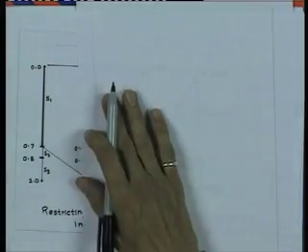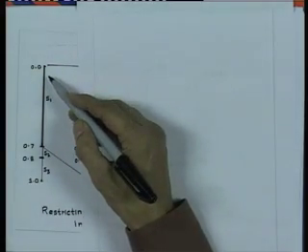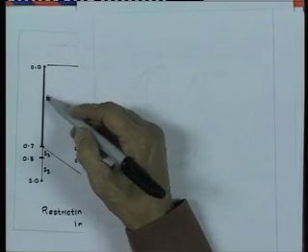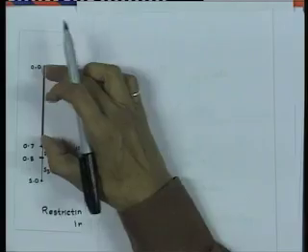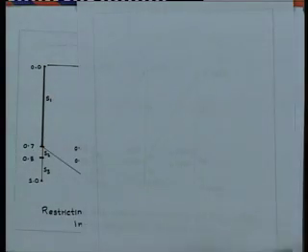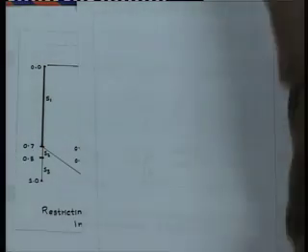So, now let us assume that the first symbol is S1, then the tag lies in the interval between 0 and 0.7.